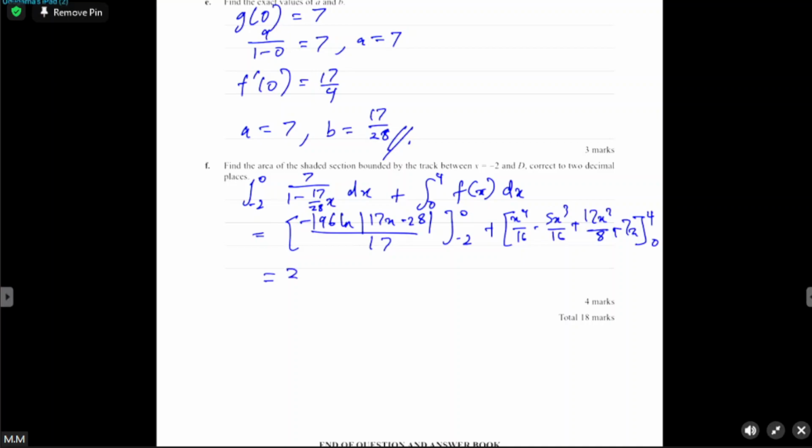That gives you 196 ln(31 on 14) on 17 plus 74 on 3 is equal to 33.83 square units. I think that's it, yeah.